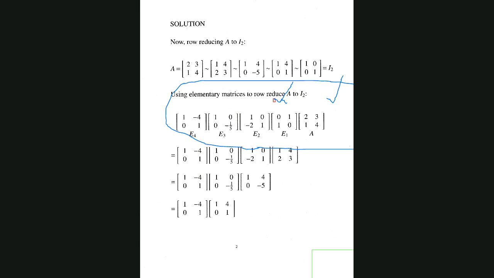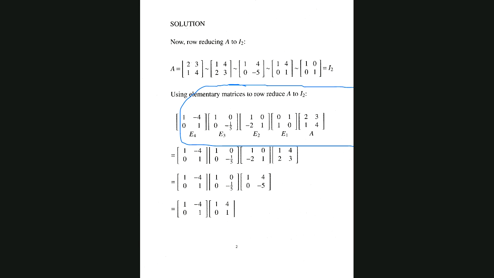Biniam's right. The elementary matrices allow you to visualize the row operations better. All we're doing is going through the process of doing 4 row operations to get to the identity matrix.